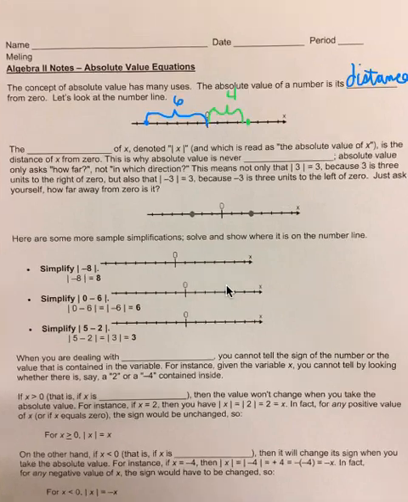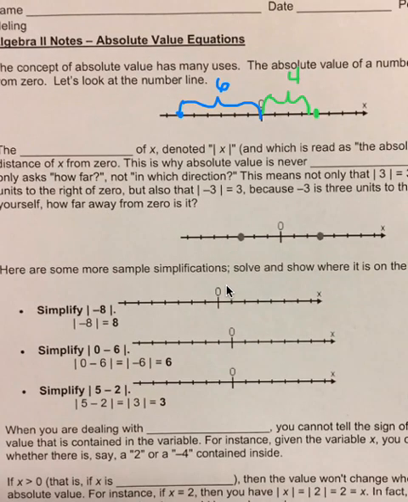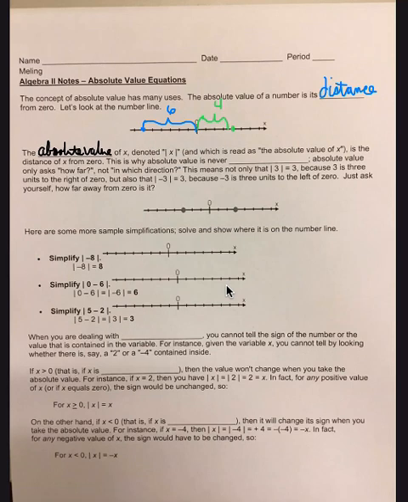So the absolute value of x, denoted by two perpendicular lines that are parallel to each other, is read as the absolute value of x is the distance of x from zero.